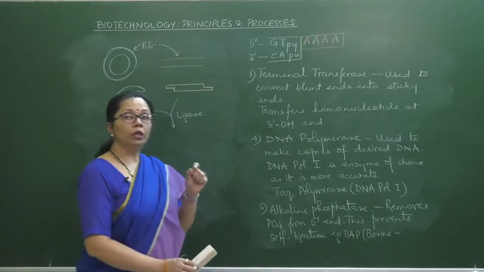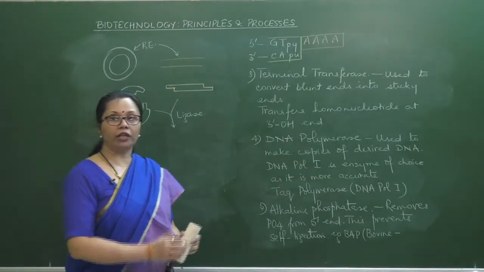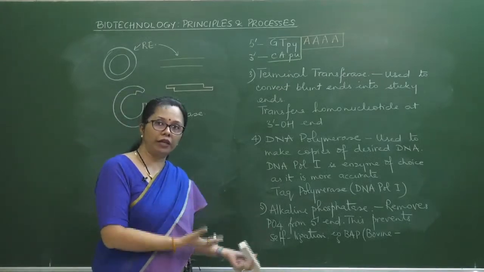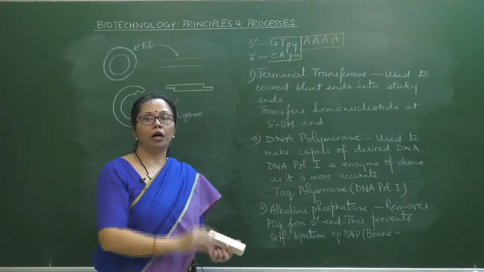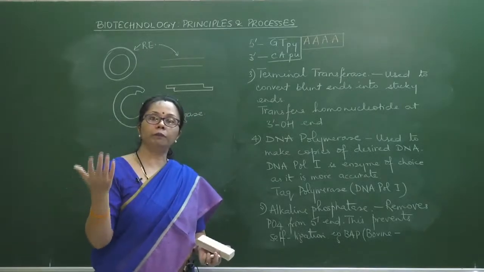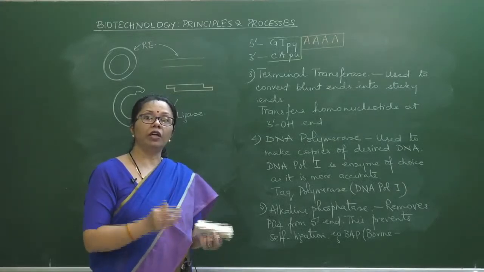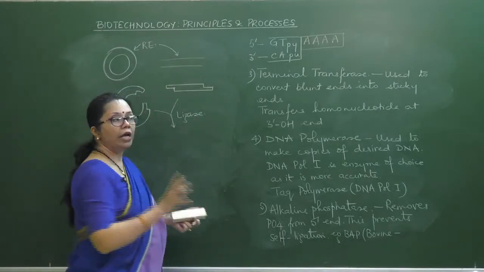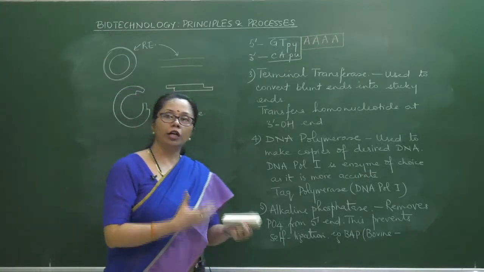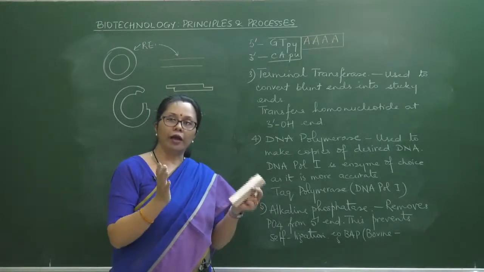Now coming to the next thing, that is the vector. Now the vector, just like your NCERT gives the example, like for malaria, the mosquito is the vector which is taking the plasmodium into the body of the human. So same way here, because this DNA cannot undergo replication, or it cannot express itself in an external medium.